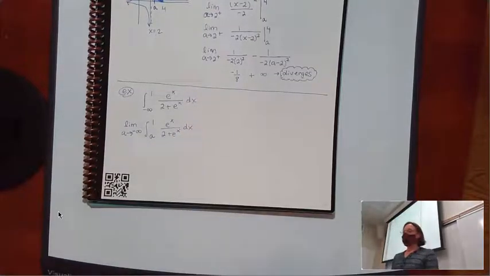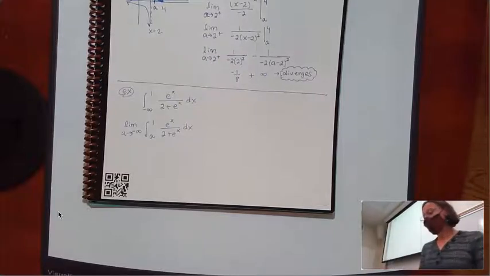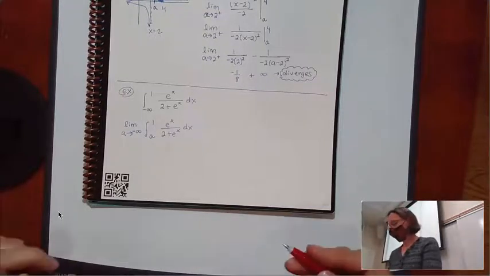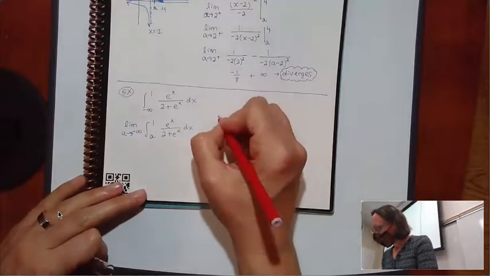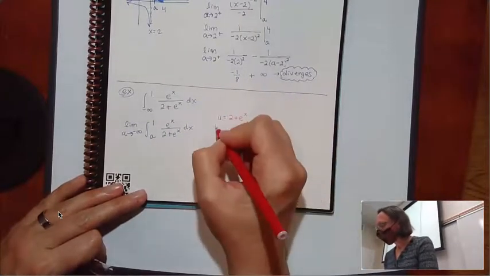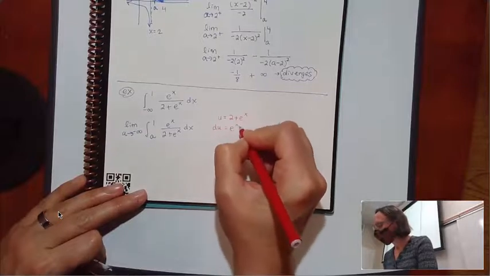Next step is we have to actually evaluate this thing. So if I walk up to this integral, I've got e to the x stuff in there. I'm hoping for a u substitution. And luckily I gave it to us. I'm going to make u equal 2 plus e to the x, which means my du is e to the x dx.